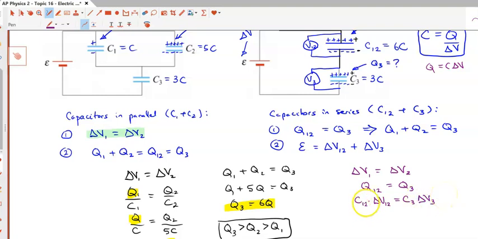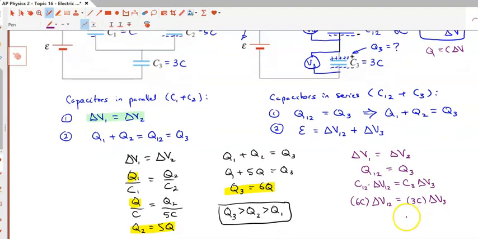And C12, if you recall, we calculated as 6C, and then C3 is 3C. So therefore, the voltage 3 is essentially twice the voltage of 1, 2. Remember, voltage 1, 2, by the way, is the same thing as just voltage 1 or 2.